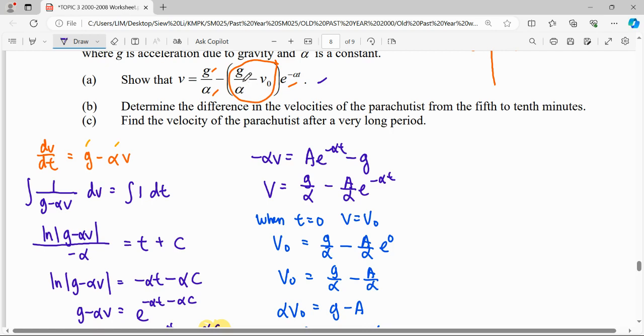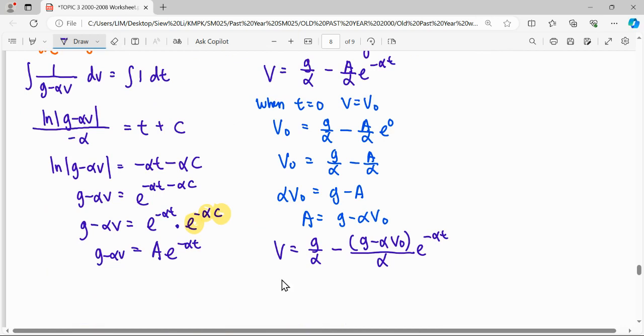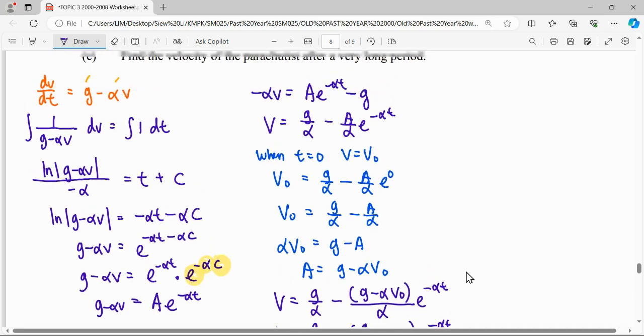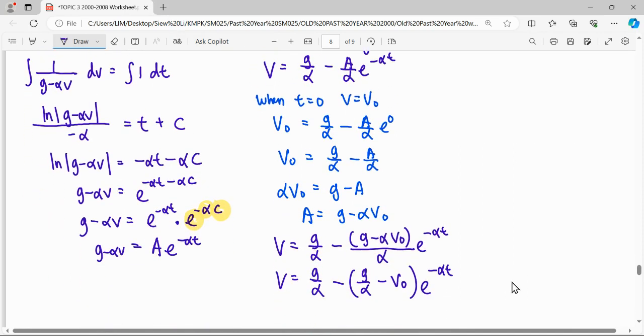You will need to divide by alpha one by one: g divided by alpha, and for the second term, alpha divided by alpha simplifies, leaving v naught. Then we look at the answer again, so we managed to show it.